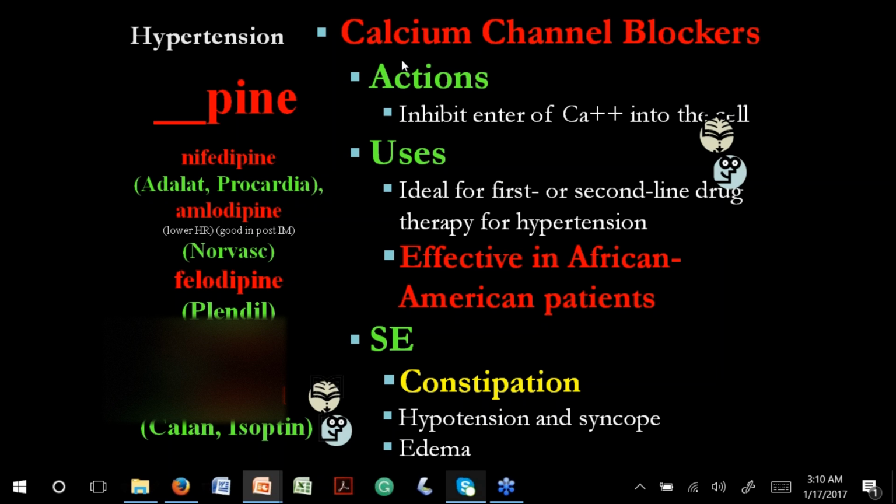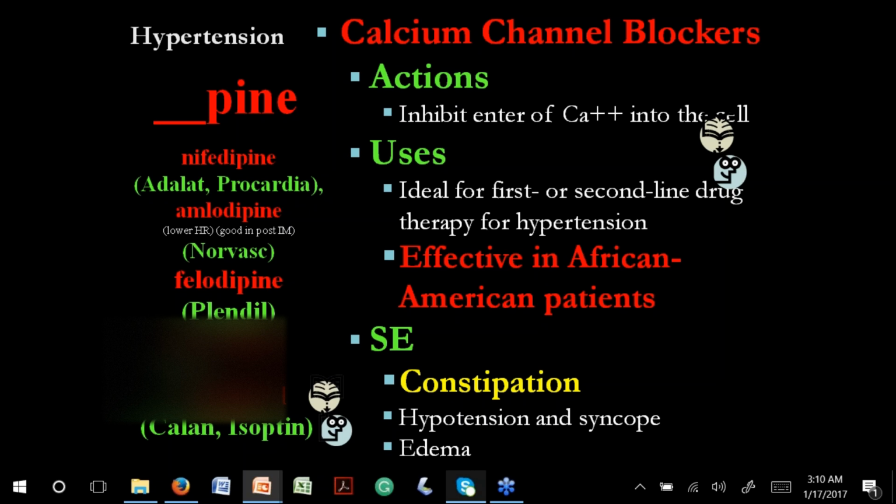So A and B are not effective for African American patients, but C and D, yes. Calcium channel blockers are effective for the African American population. The main side effect of calcium channel blockers is constipation.